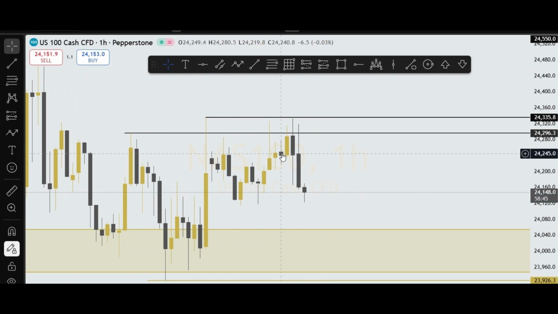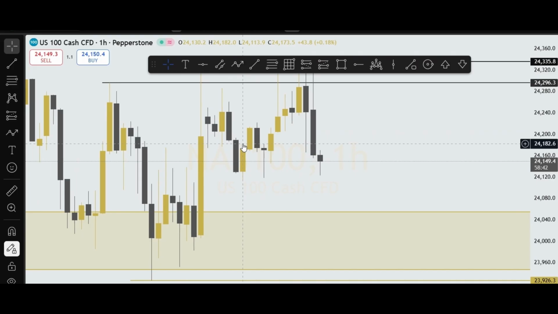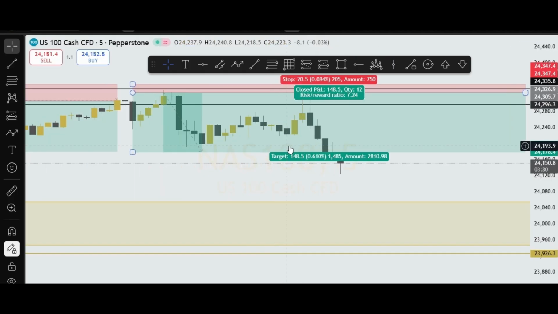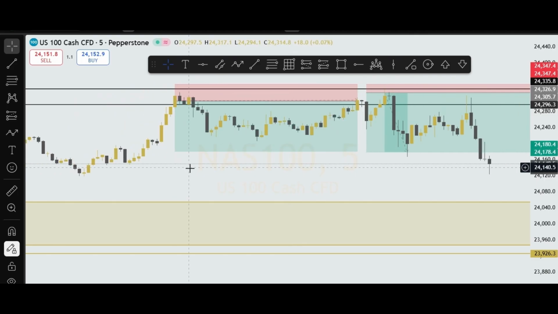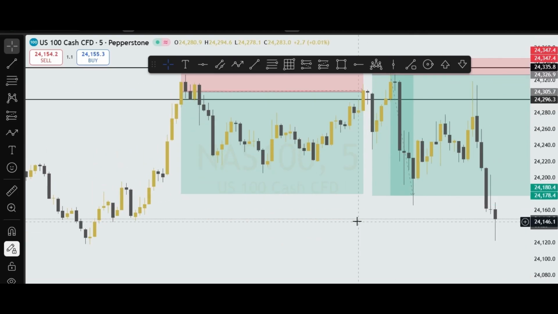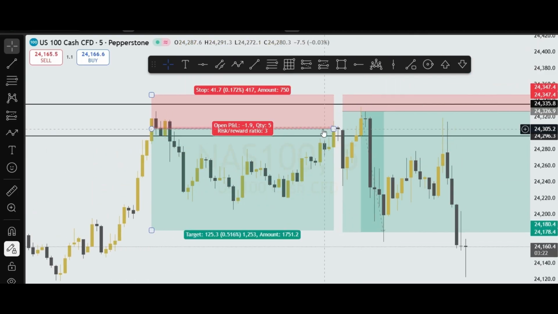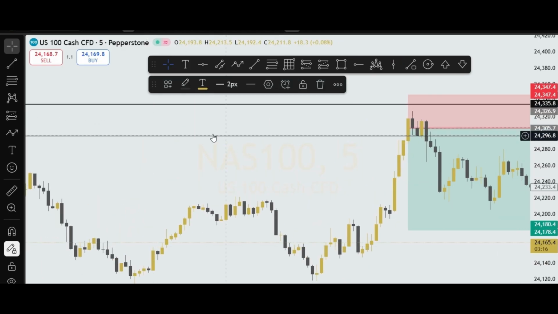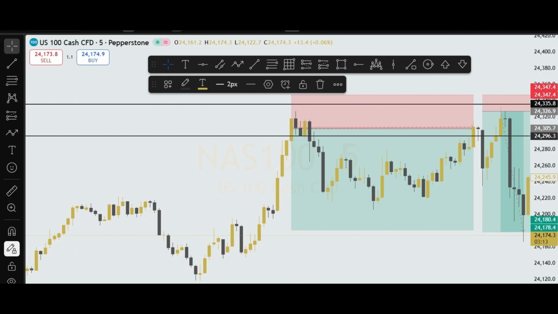The two positions were because of the previous 1-hour high, the 1-hour high that never got violated. That's where we took our trades and placed our stop loss at our risk above the recent high.